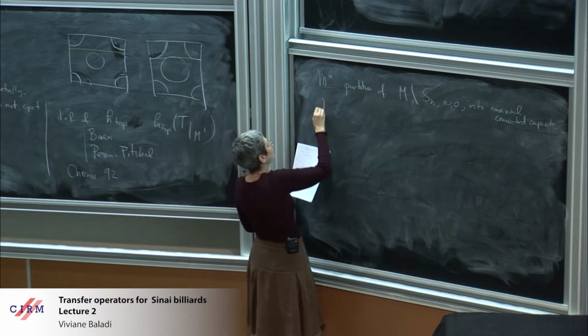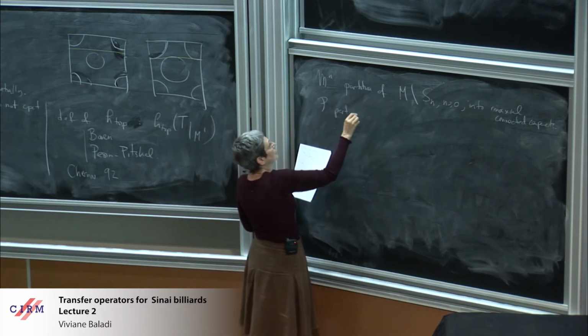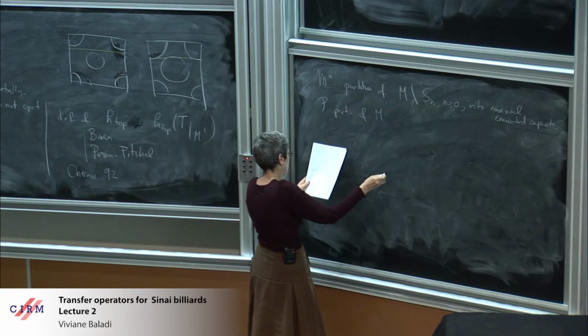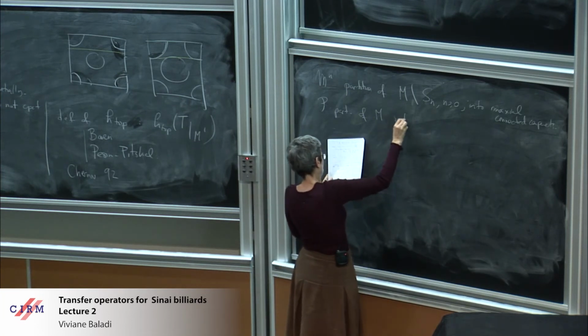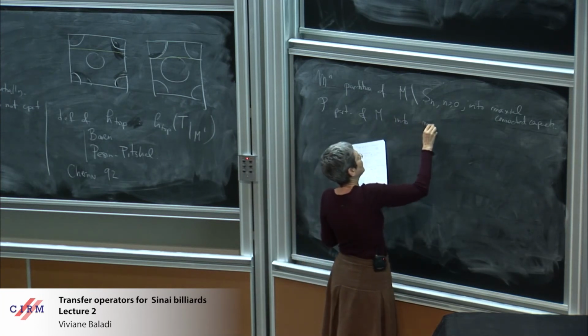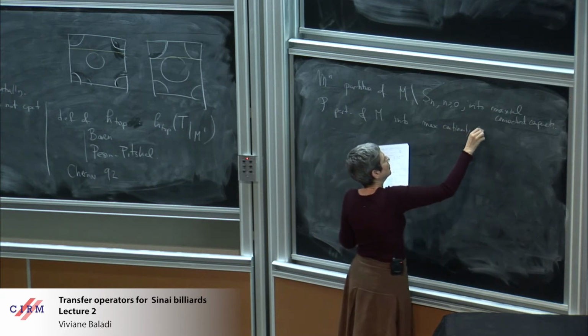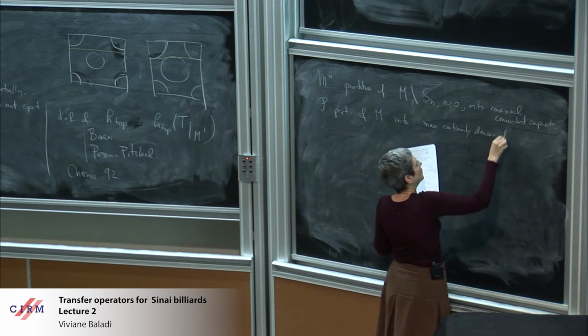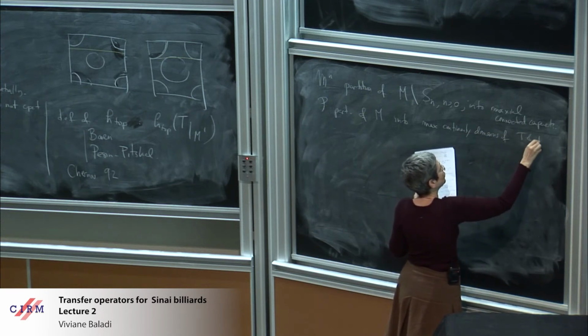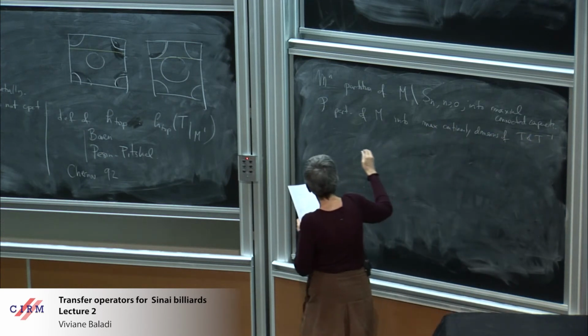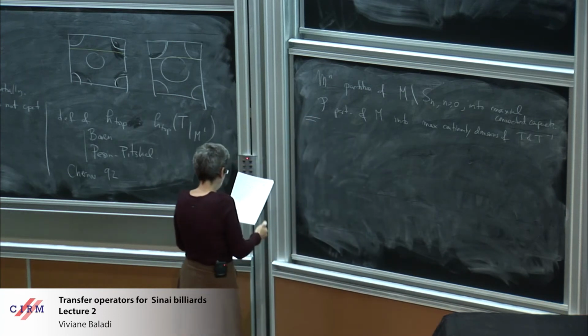Now you can also consider a partition of M into maximal continuity domains of both t and t minus 1. So domains on which both functions are continuous.